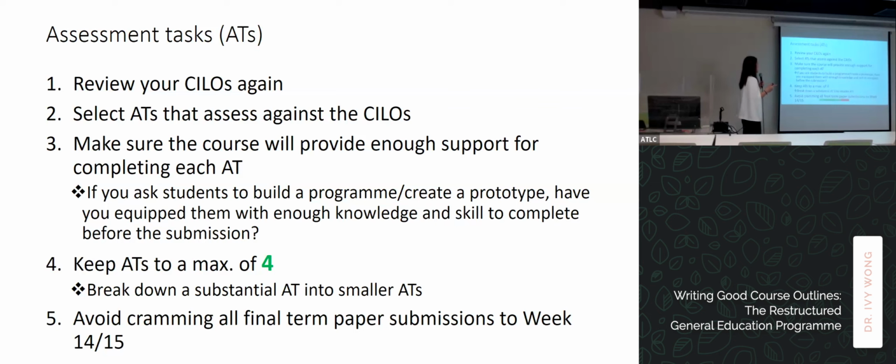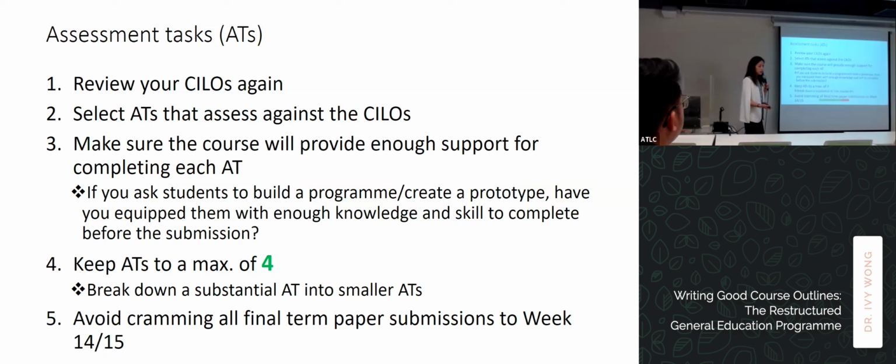The first thing is, when you do the assessment task or decide what to use, review the silos again. Are all my ATs relevant to my silos? If I have 4 silos, have I used my ATs to measure against them? Because we do have reviewers saying, how are you going to measure 2 and 4? I don't see any ATs that are relevant to silo 2 and 4.